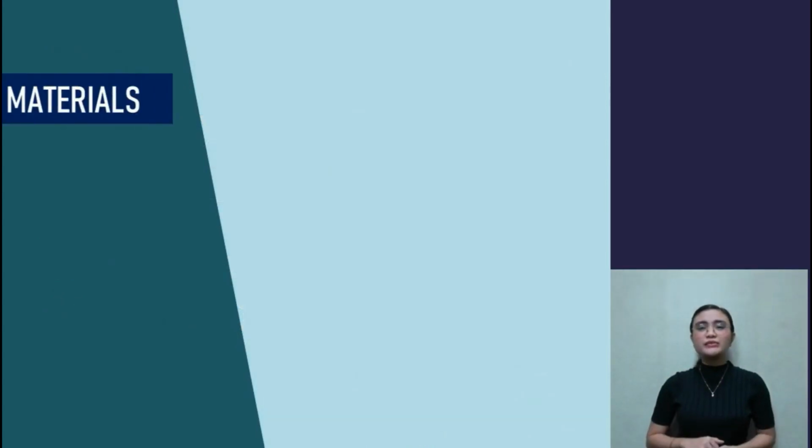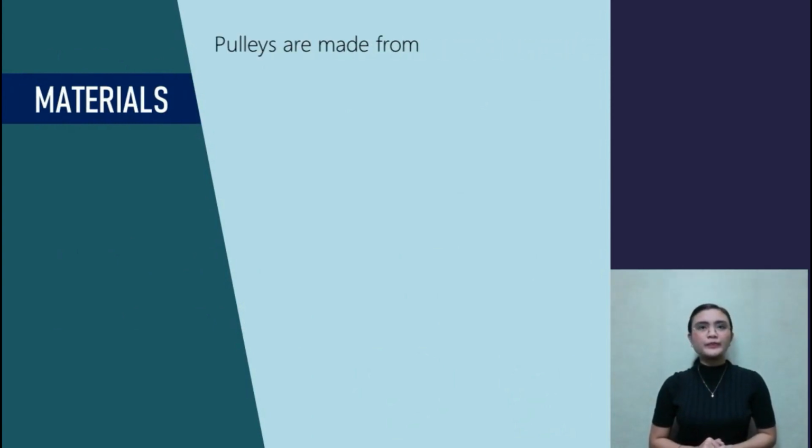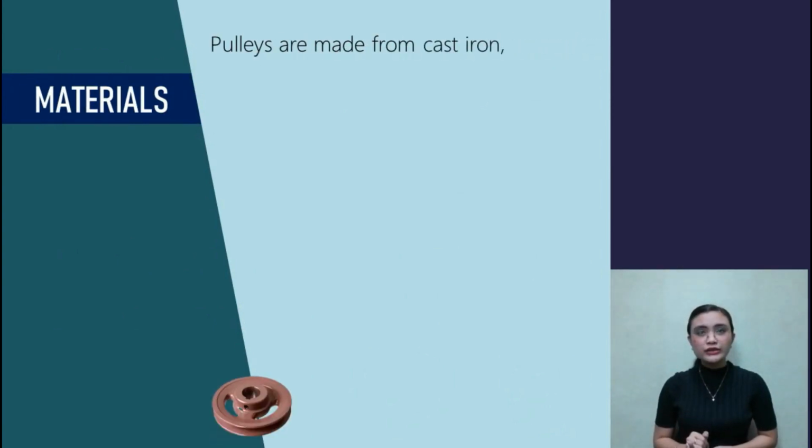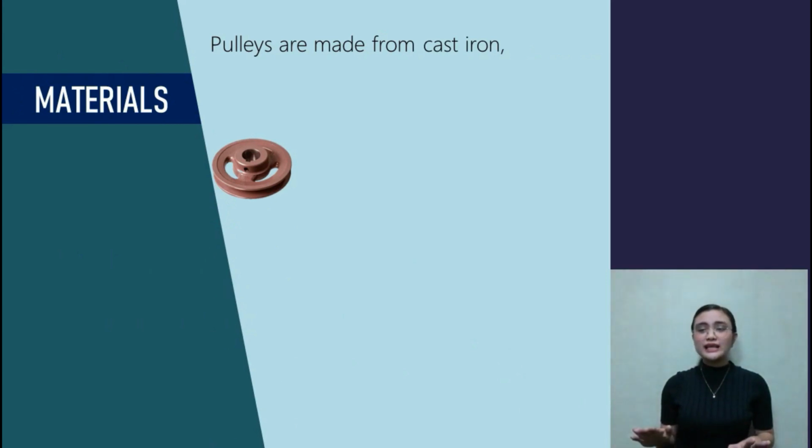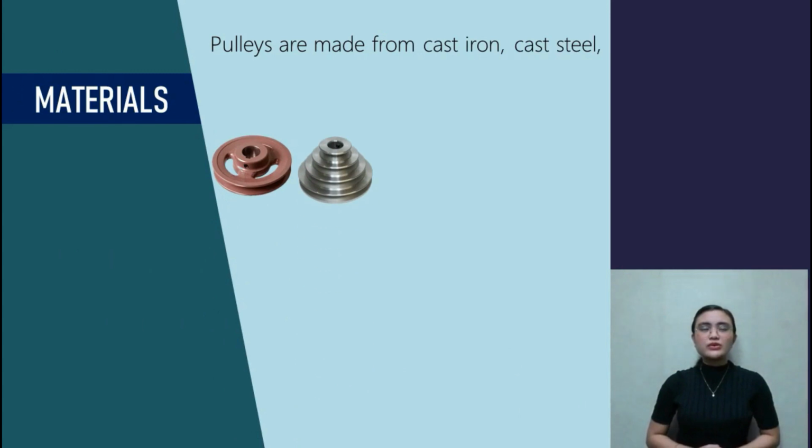Now let's proceed to the materials and driving element of a pulley. Pulleys are made from cast iron, which is widely used because of its low price. It could also be cast steel, with higher strength, lighter weight, and the ability to run at higher speed, but it has a lower coefficient of friction compared to cast iron.